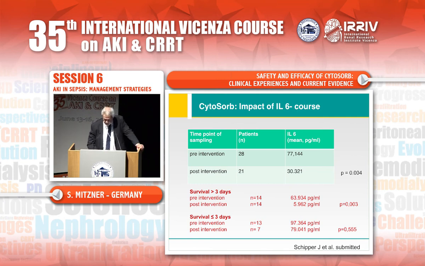That was highly significant. But then again, if we look at these 3-day survivors versus non-survivors, we saw that basically all the effect in decreasing IL-6 was traveling with this short-term survivor group. And there we had the very impressive decrease, but not with those that were started later. They were not only higher on average, but there was not this impressive effect.